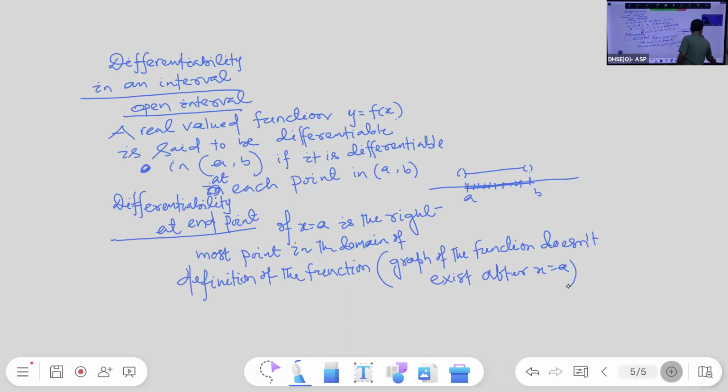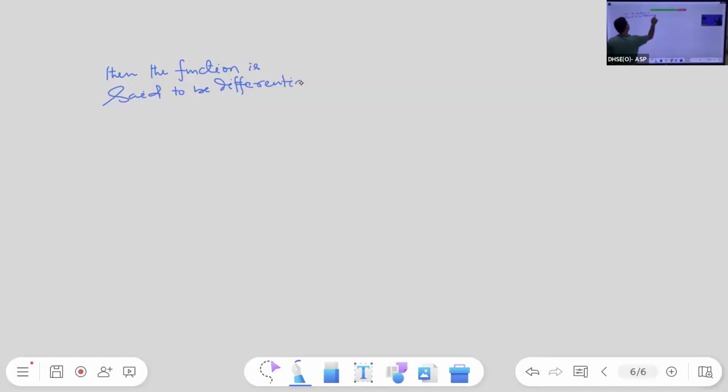Then the function is said to be differentiable at x is equal to a if LHD at x is equal to a exists.